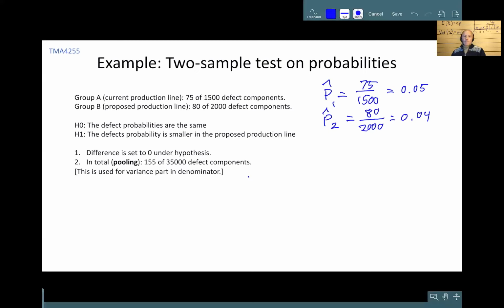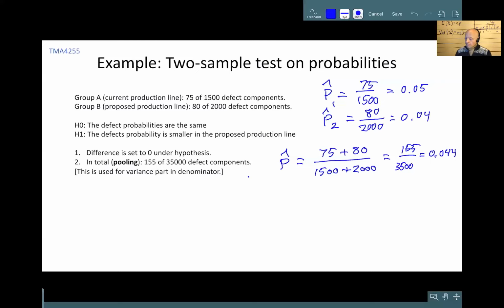And if we pool these together, we get a P hat, which is then counting the number of defects, 75 plus 80 altogether, divided by the total number of trials, 1,500 plus 2,000. So this becomes 155 over 3,500, and this is 0.044.